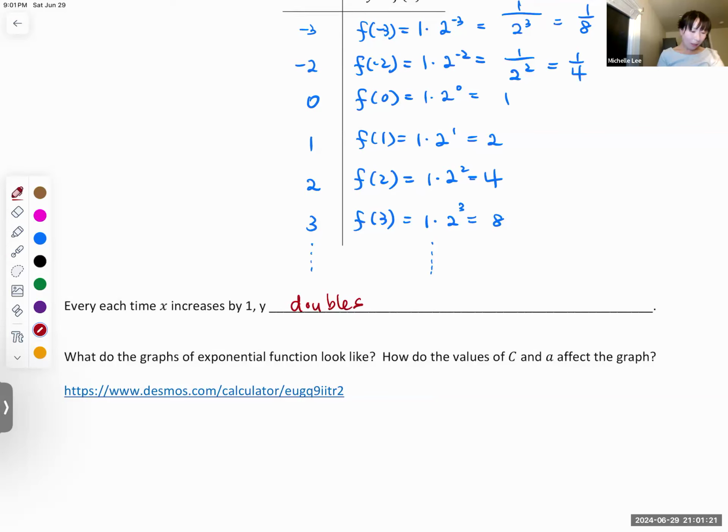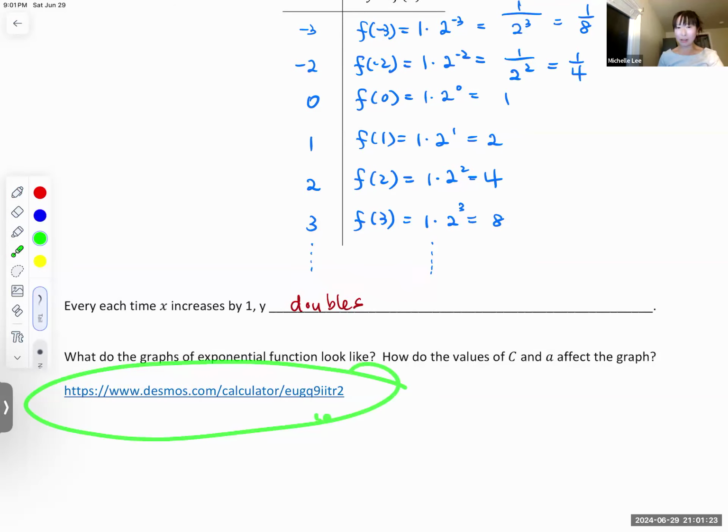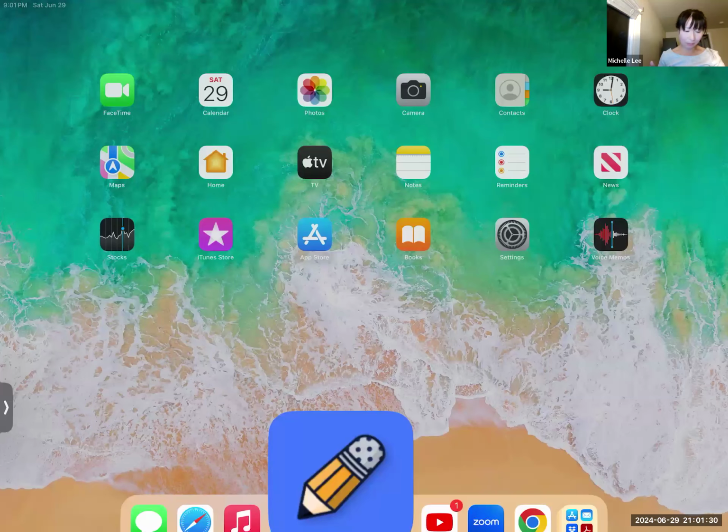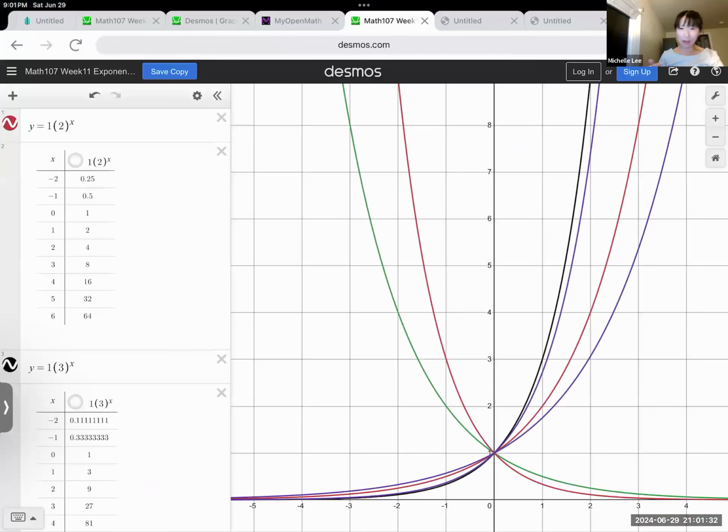We have the exponential function, so let's take a look. If we click this one, we get this. The first one is the red one, where c equals 1 and the base is 2: 2 to the x power. This is the right-side graph here, an exponential function.